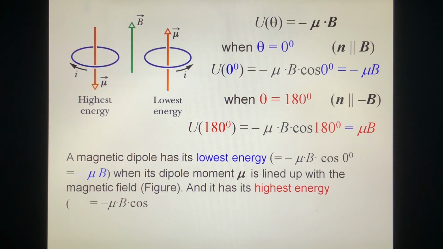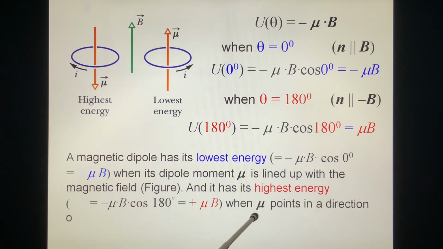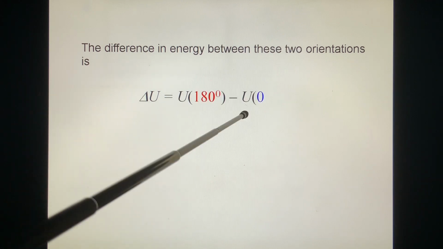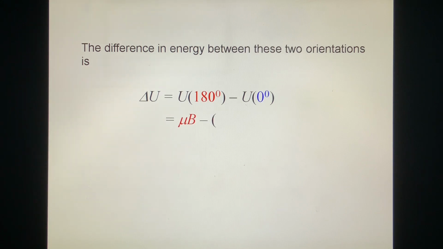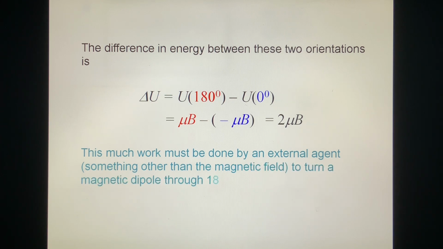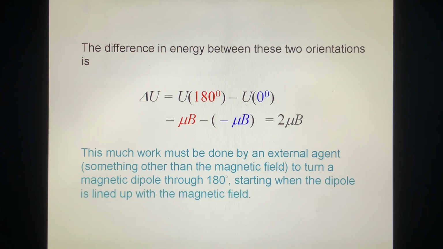And it has its highest energy when mu points in the direction opposite to B. The difference in energy between these two orientations, from 0 to 180, is 2 mu B. This much work must be done by an external agent, something other than the magnetic field, like heat excitation, to turn the magnetic dipole 180 degrees, starting when the dipole is lined up with the magnetic field.